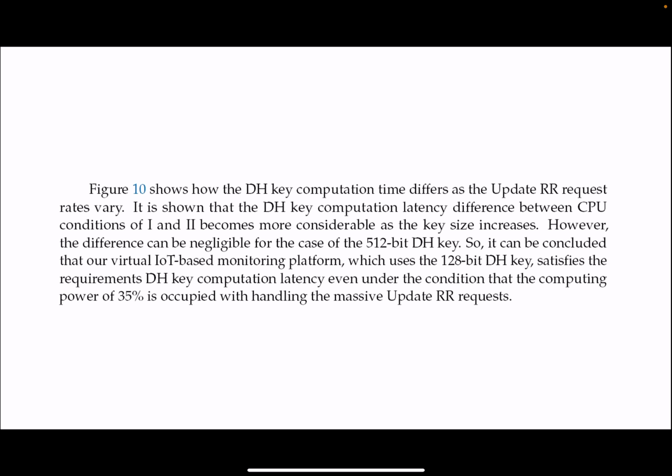However, the differences are negligible for the case of the 512-bit Diffie-Hellman key. So it can be concluded that our virtual IoT based monitoring platform, which uses a 128-bit Diffie-Hellman key, satisfies the requirement of DH key computation latency even under the condition that 35% of computing power is occupied with handling the massive update RR requests.